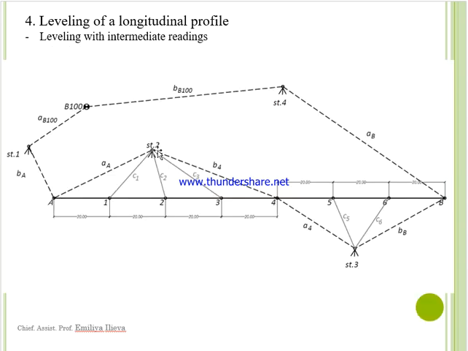Here you can see we move the instrument here, so we have one height of the instrument that we're going to calculate using the height of point A and the backside reading to point A, and all of these points we are going to calculate their heights using the height of the instrument in station 2.